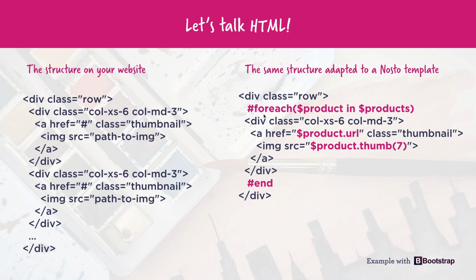You will have to do nothing more than adapt the structure within a Nosto template. You just isolate the element that you want to repeat with the product's information, and graft it within a for each cycle. So I will have just one, and I will place a for each within it.